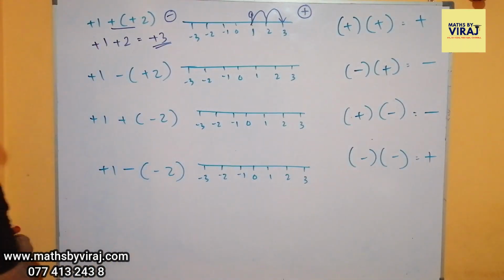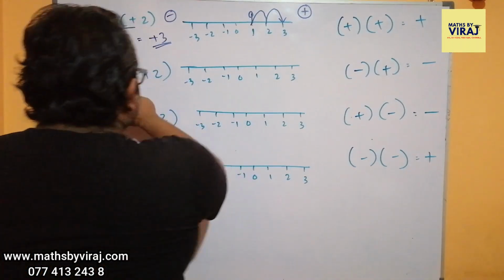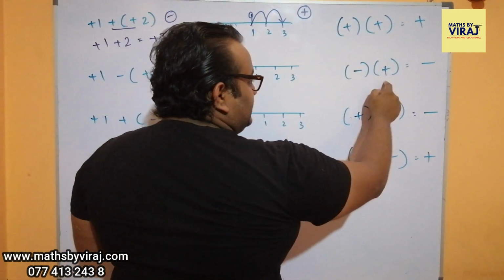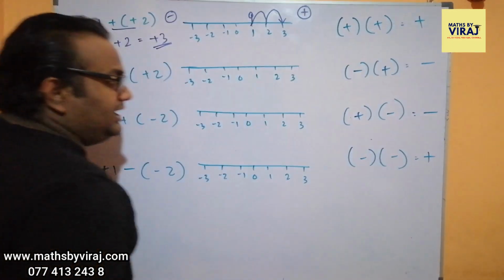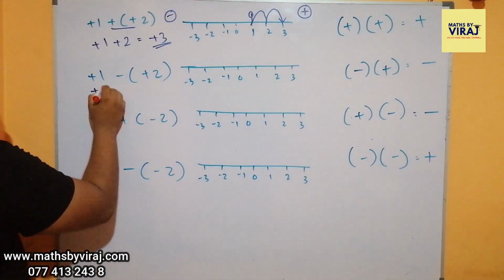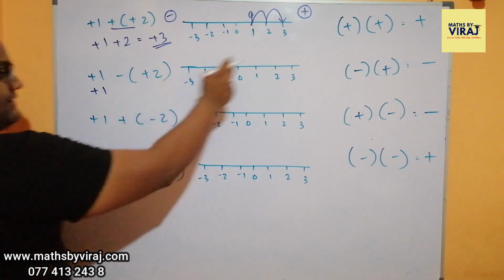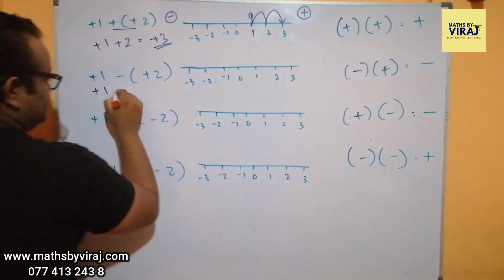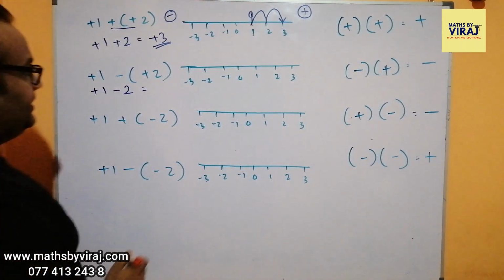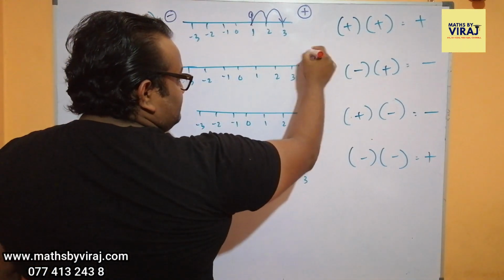The next one. Children, minus and plus. When we have minus and plus, what is the expected result? Minus. Therefore, plus 1 minus plus 2. When it is minus and plus, the answer is minus. Now let's see what my answer is going to be. Again, this is my positive side.